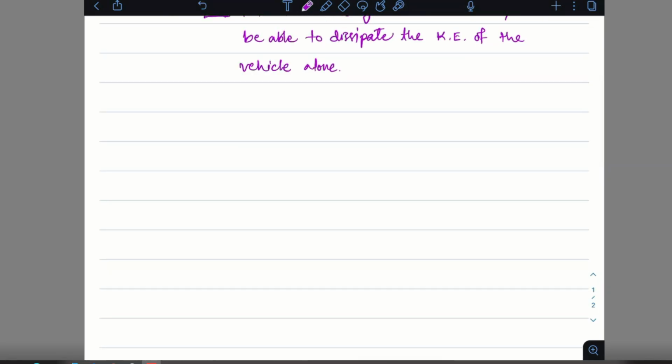So let us see what are the requirements from regenerative braking.